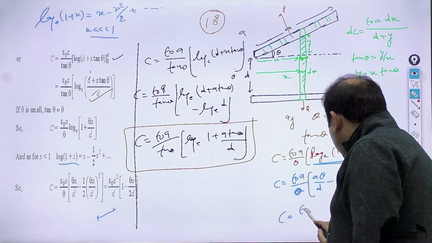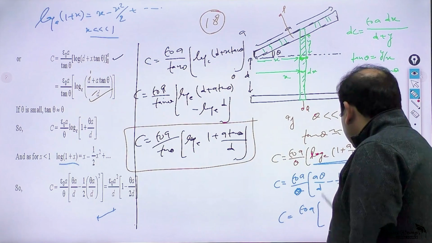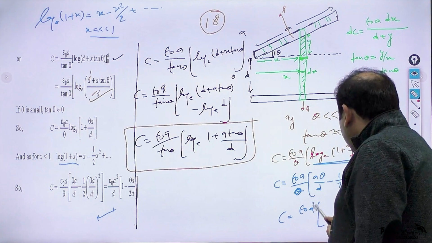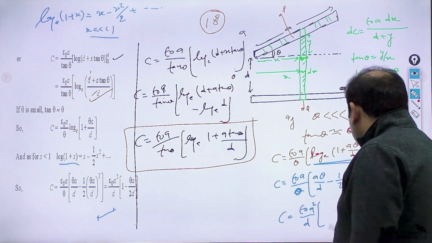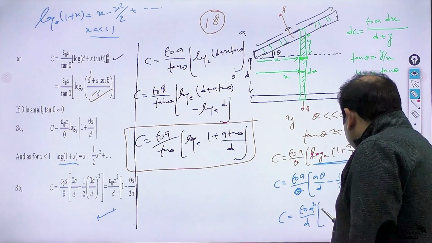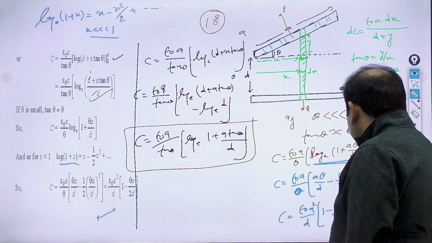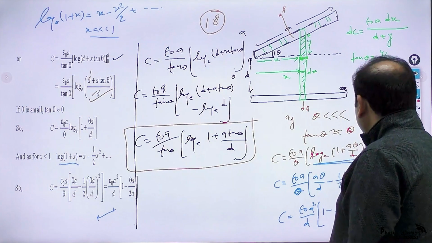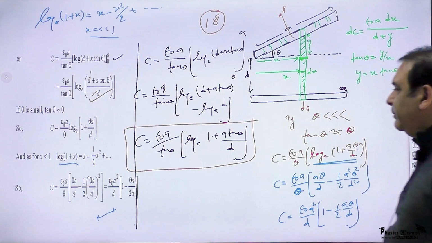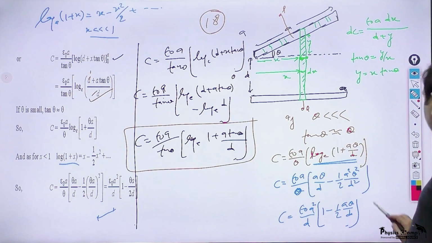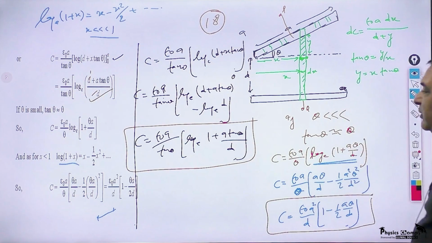So epsilon naught a by d can be taken out, theta gets cancelled, and it becomes 1 minus half a theta by d. So this is the final capacitance in this condition.